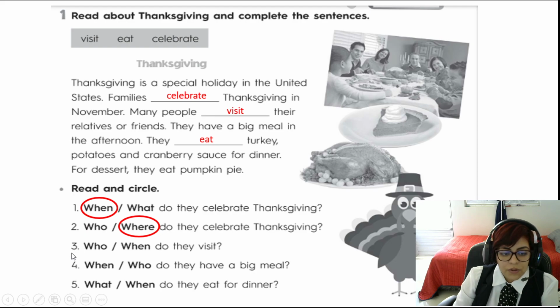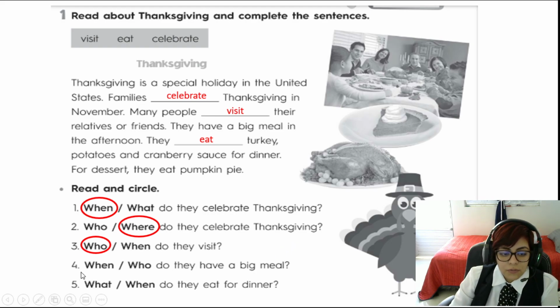Now, for the number 3, we have who do they visit, or when do they visit? We are asking about who, about what person they are going to visit.